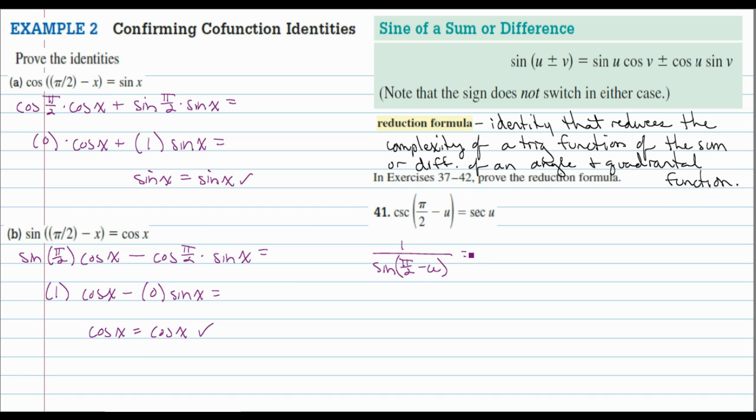And I know the sine of a sum or difference, so I'm going to leave this as 1 over, and I'm going to use my formula. It'll be the sine of pi over 2 times the cosine of u, minus the cosine of pi over 2 times the sine of u.